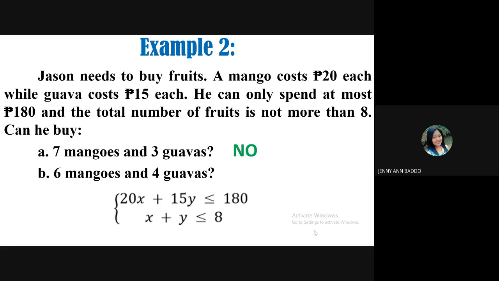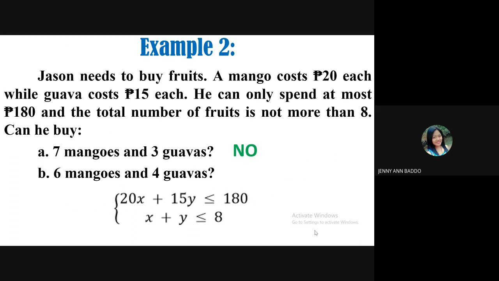Next, can he buy 6 mangoes and 4 guavas? Again, by substitution, we have 20 times 6, that's 120, plus 15 times 4, that's 60. 120 plus 60 is 180. So that is true for the first linear inequality because 180 is less than or equal to 180.